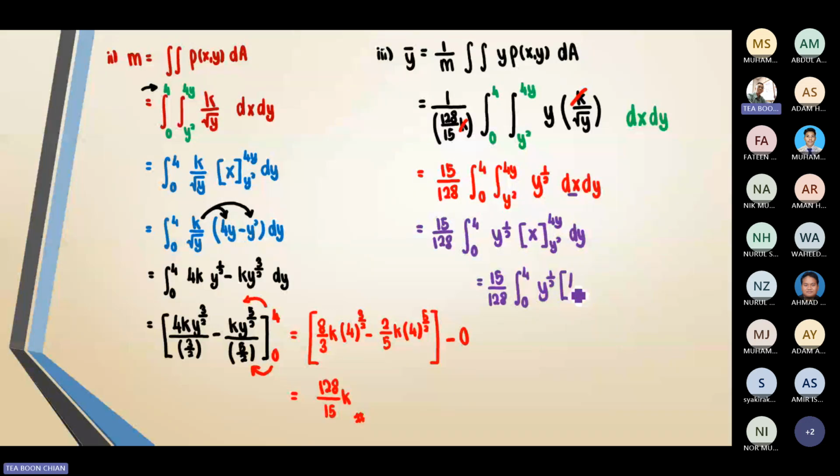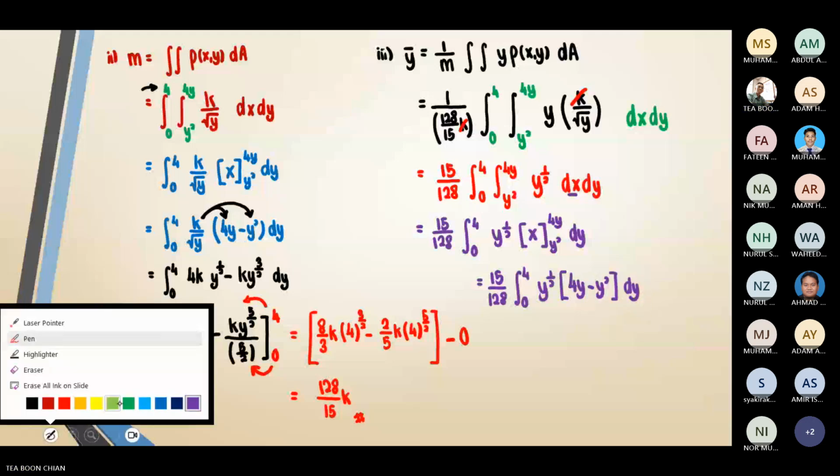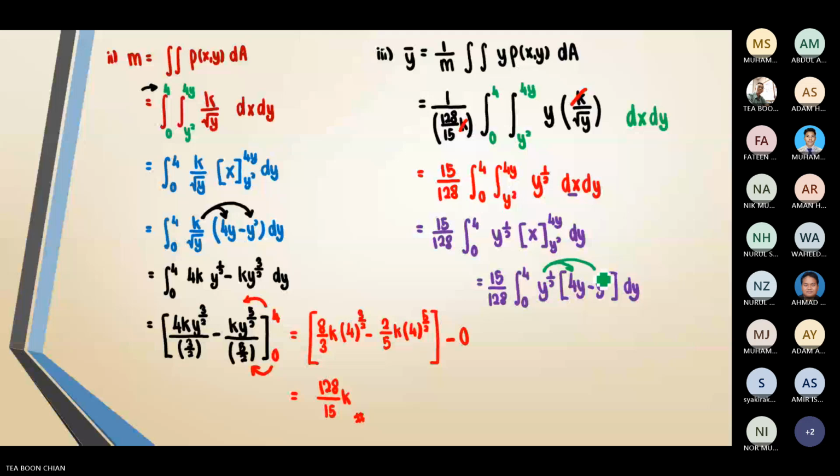Now, using the similar technique, please expand everything first from outside to inside. So next step, you should obtain a clearer and simplified version. Integrate from 0 to 4. Y power half multiplied by 4y gives you 4y power 3 over 2, minus y power 1 over 2 multiplied by y squared gives you y power 5 over 2.